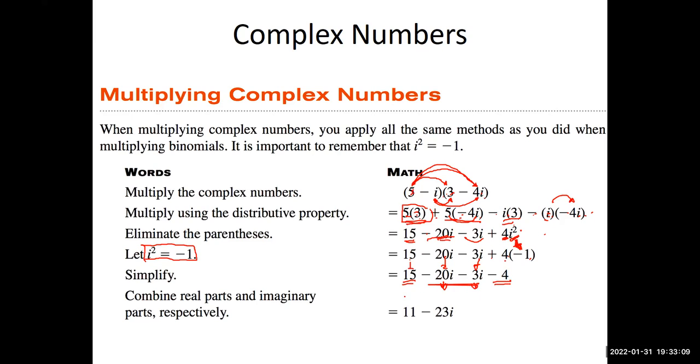So that is 15 minus 4, plus negative 20i minus 3i. So 15 minus 4 is 11. Negative 20i minus 3i is negative 23i. So negative, tapos ito ay negative rin, so it will now be negative 23i.